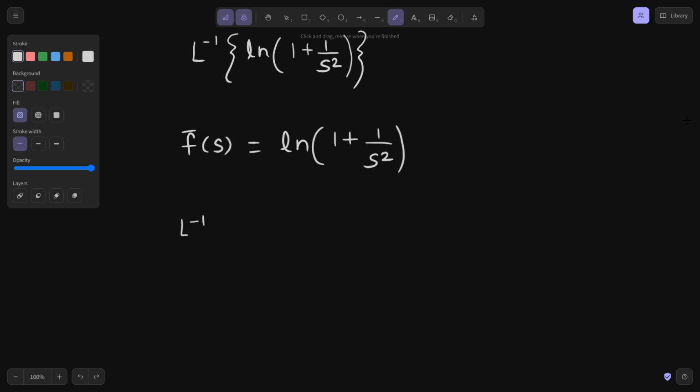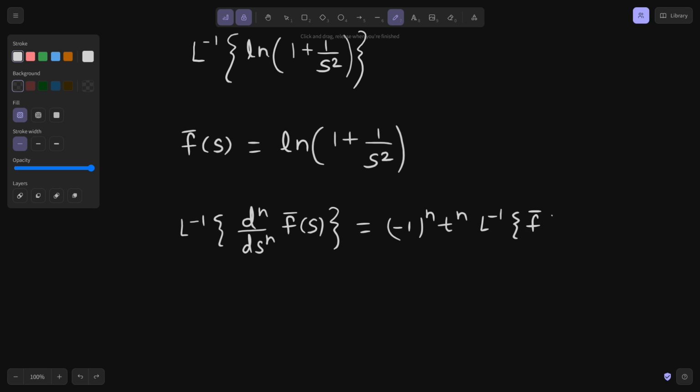Laplace inverse of, if any nth derivative of f bar(s) comes out to be something which can be calculated easily, then this is equal to (-1)^n t^n and Laplace inverse of f bar(s).